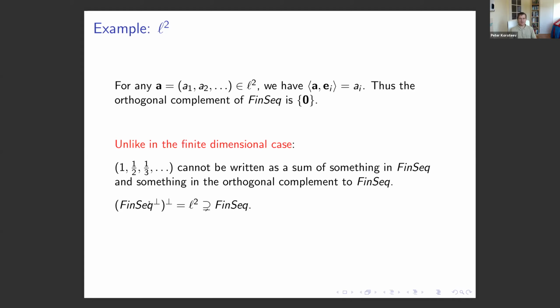It's much bigger than fin-seq, so therefore this is not true. This property about the orthogonal complement of the orthogonal complement does not apply for infinite dimensional spaces. Moreover, orthogonal projection to fin-seq is not well defined.